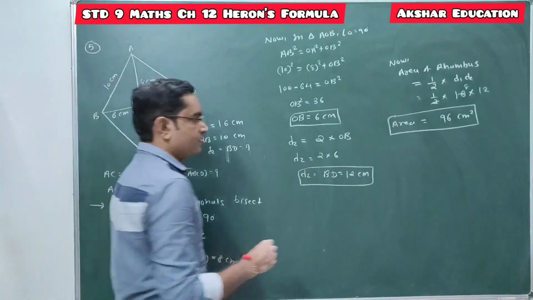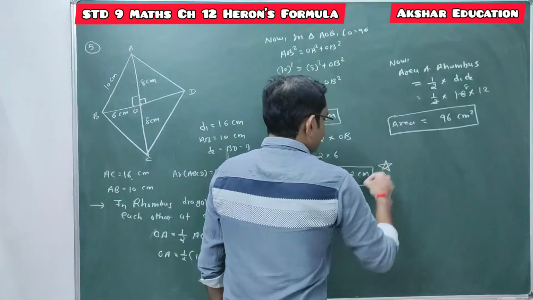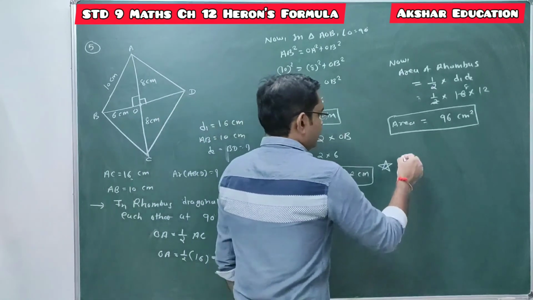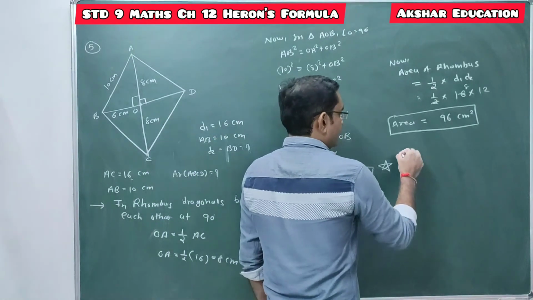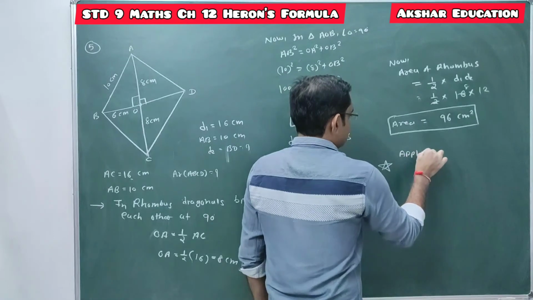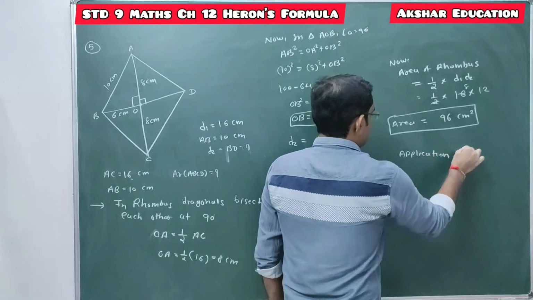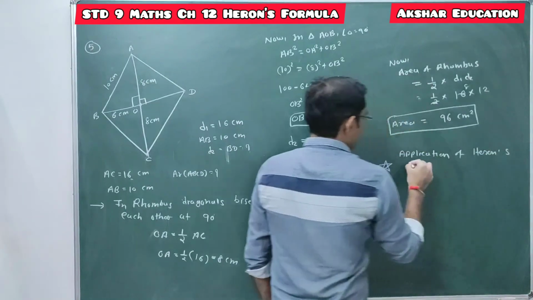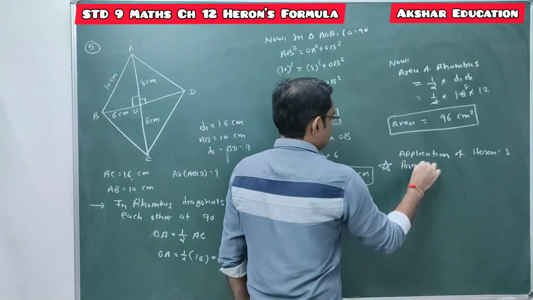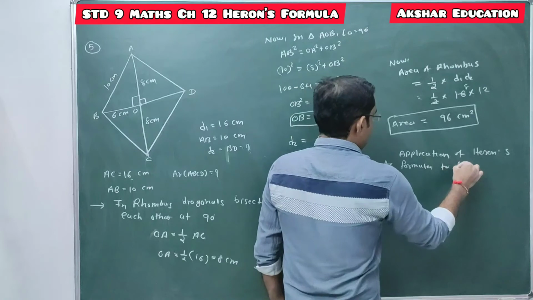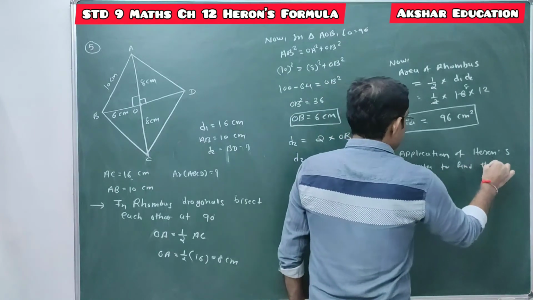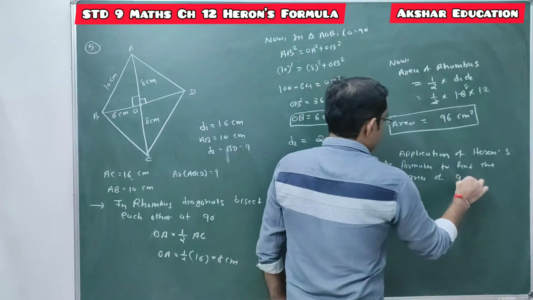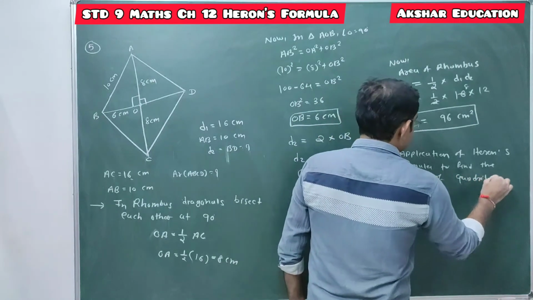Now one more concept is there. You can also apply Heron's formula to find the area of any quadrilateral. So, application of Heron's formula to find the area of a quadrilateral.